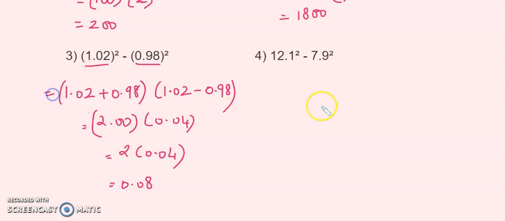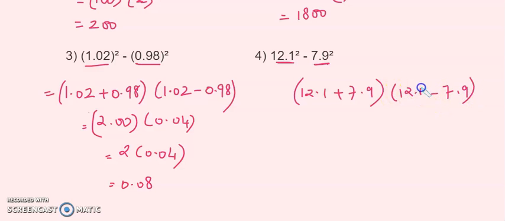Right? Next, 12.1 is the a and 7.9 is the b. So 12.1 plus 7.9 multiplied by 12.1 minus 7.9. Right? So when I add it, I'll get a 20, and when I'm subtracting it, it's 4.2, right?